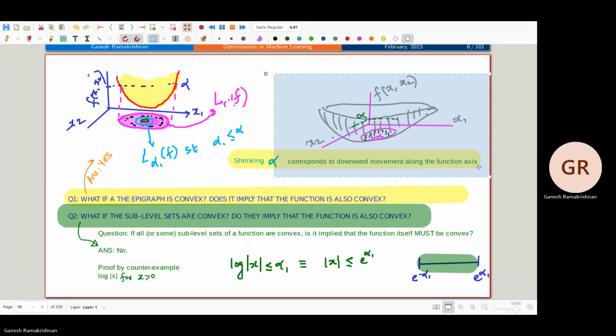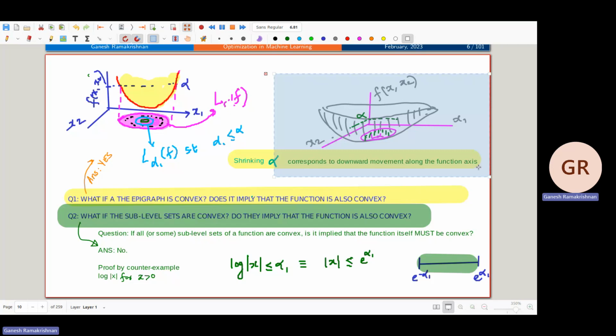That's basically the interval from e raised to minus alpha to e raised to alpha. That's a fixed, closed interval, so it's a convex set. So you can see that all the sublevel sets are convex.